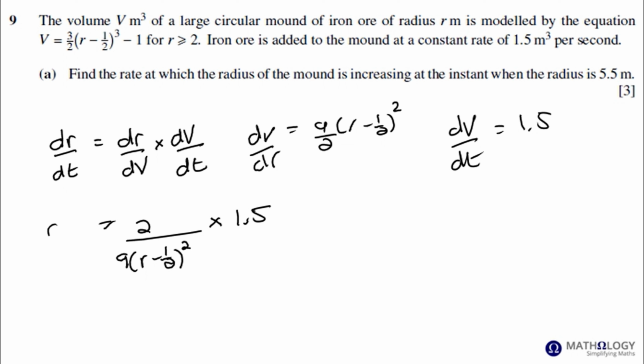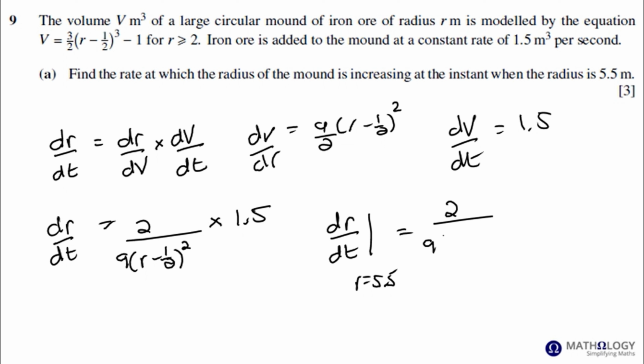Now we need to determine the value of dr/dt when the radius is 5.5 meters. So dr/dt when r equals 5.5 equals 2 over 9 times (5.5 minus 0.5) squared times 3 over 2.